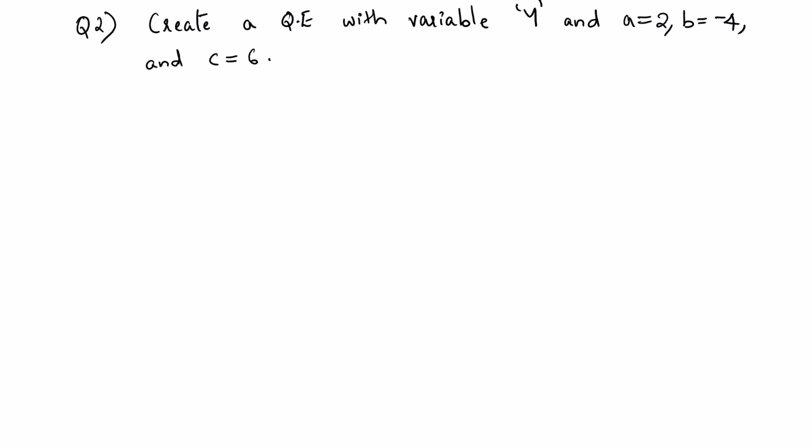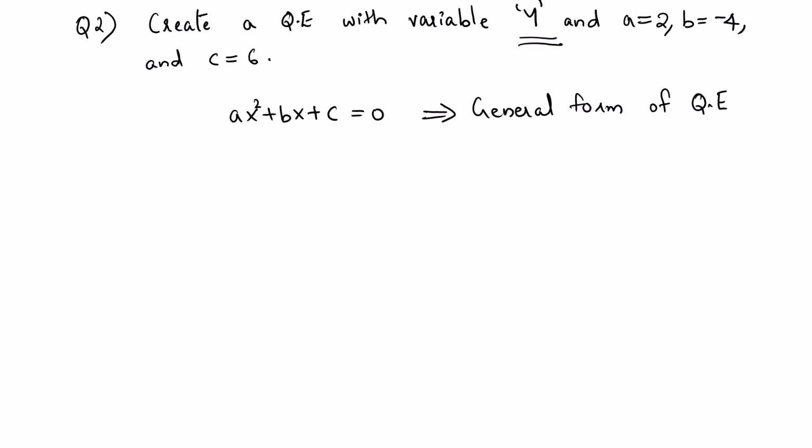I'm choosing some random values, okay? So again, just write the general form of a quadratic equation. This is the general form of QE. Now, instead of x, we need variable y, right? So, just replace x by y.